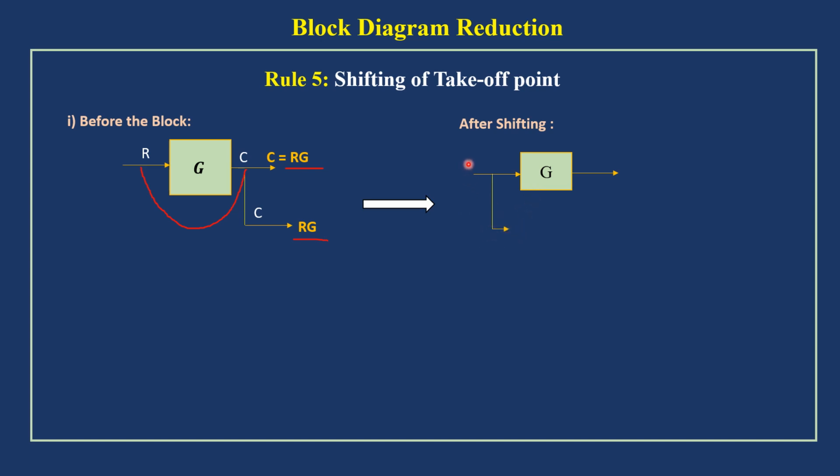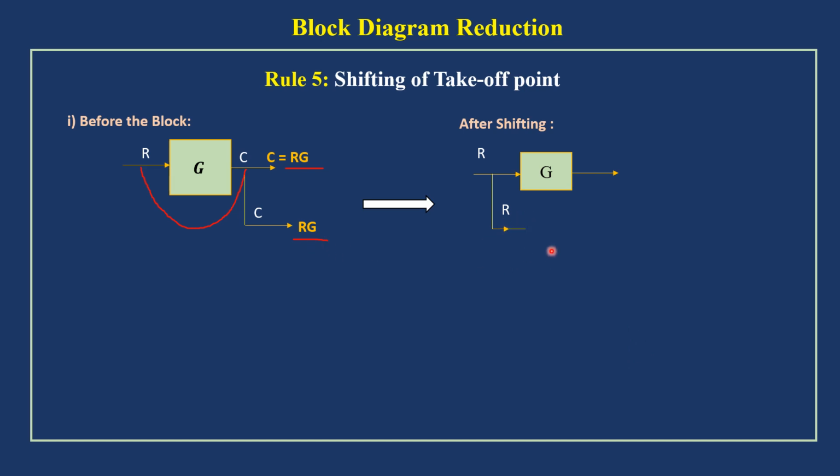Here what is the main input given? R. If we take the branch point from the input signal flow, what will be the output of the takeoff point? It is R. But the takeoff point output should be RG, and here it is coming as R. So we should include something to get RG: R into G is RG.